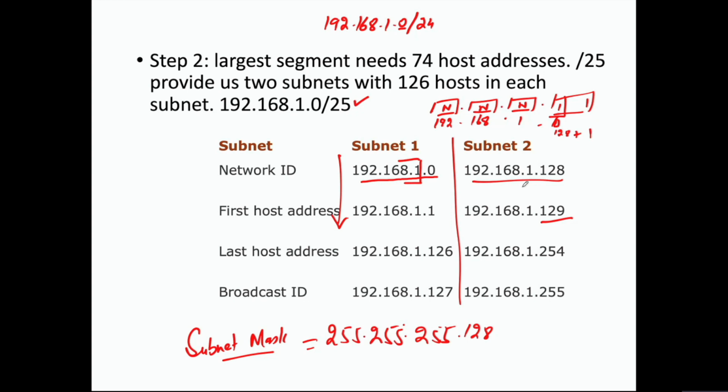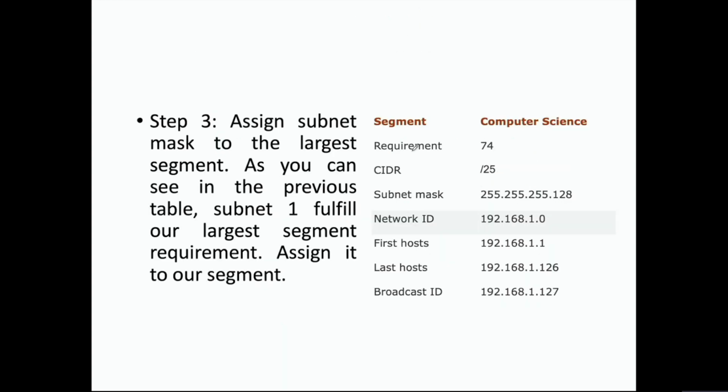So if I summarize it, for the requirement of the first segment, we need 74 node addresses, and the prefix is 25 here. Why? Because now 25 bits represent the network portion, and this is the subnet mask that we have just calculated.